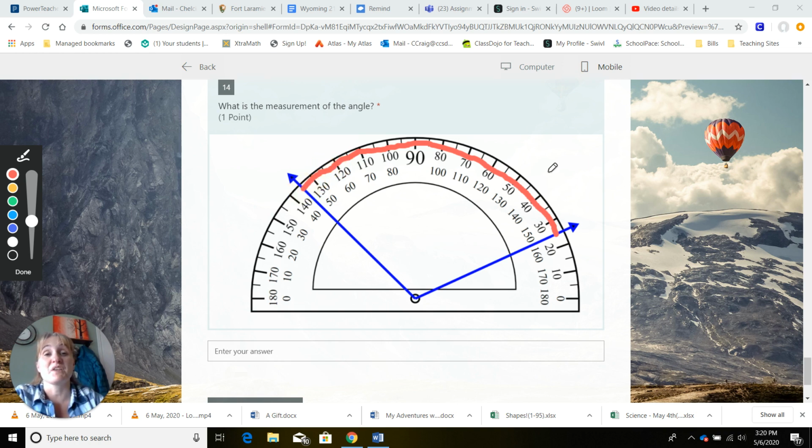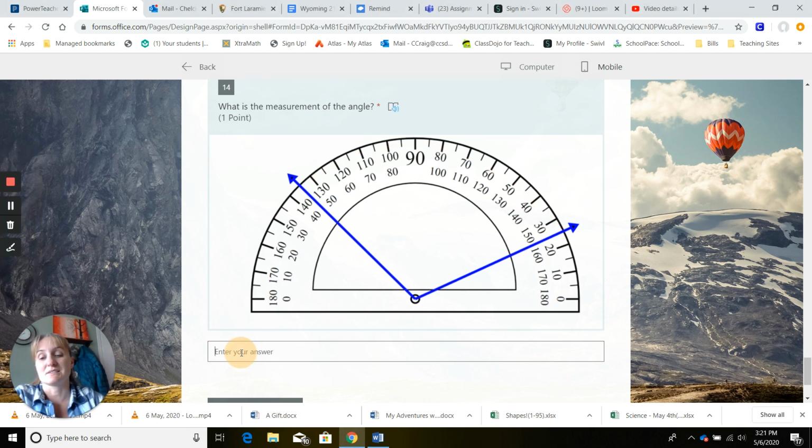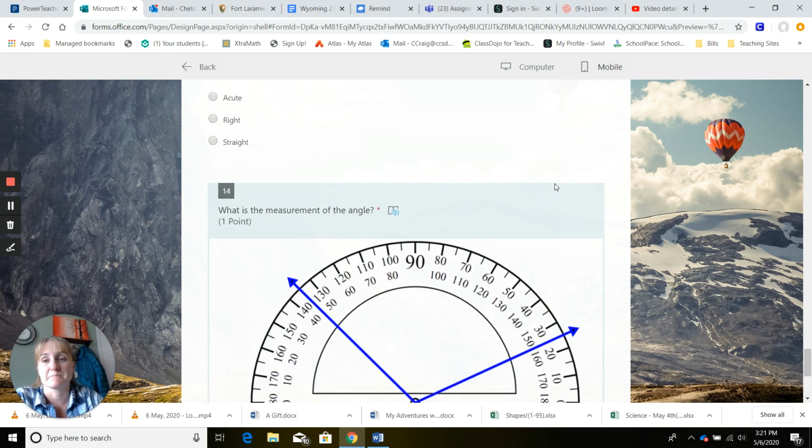So we got the same thing. That way we know this measurement is exactly 110 because I did it twice and wound up with the same answer. If I didn't wind up with the same answer, I need to check my subtraction or recount all over again, because sometimes we get going too fast and we can make silly mistakes.